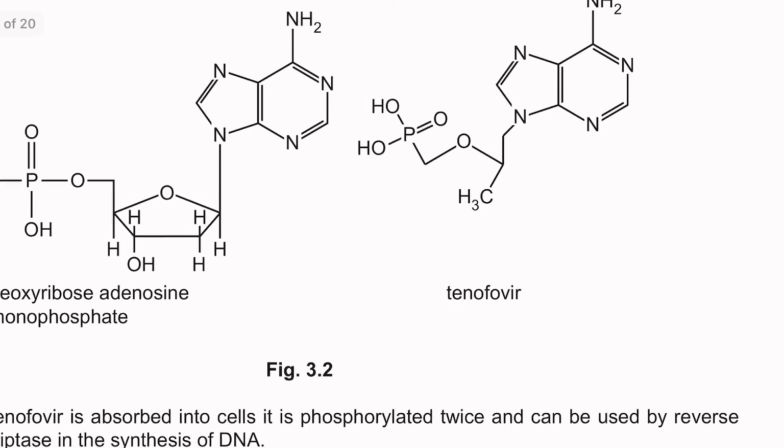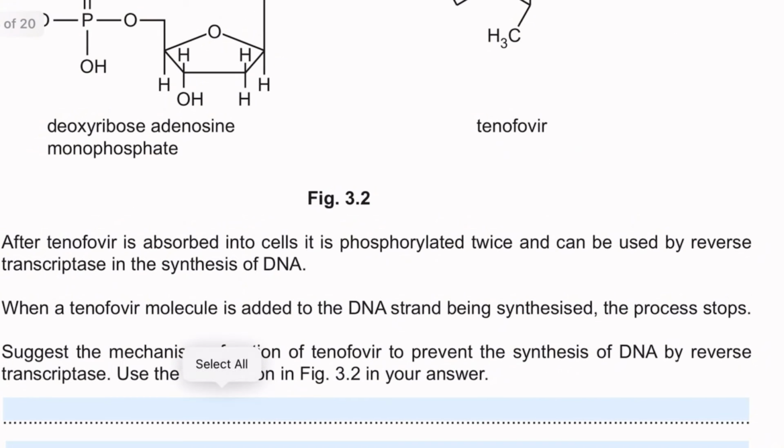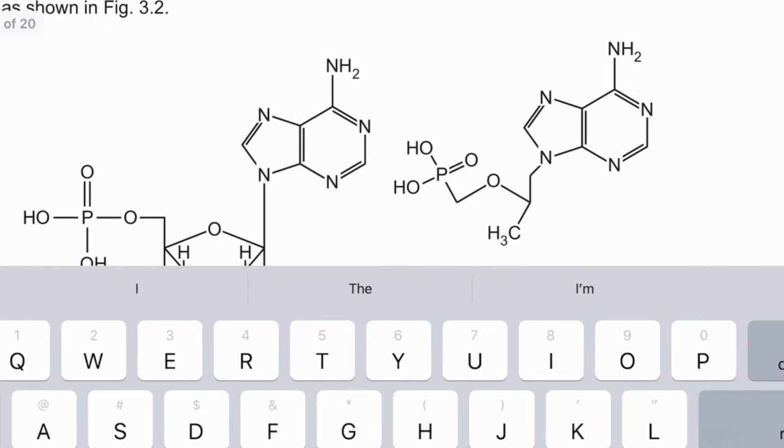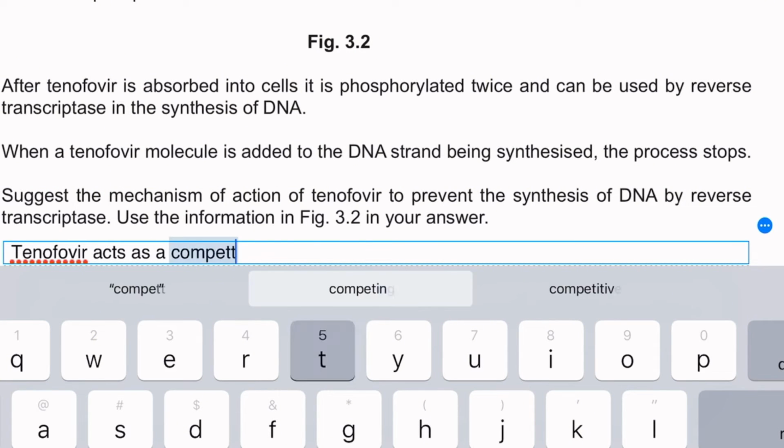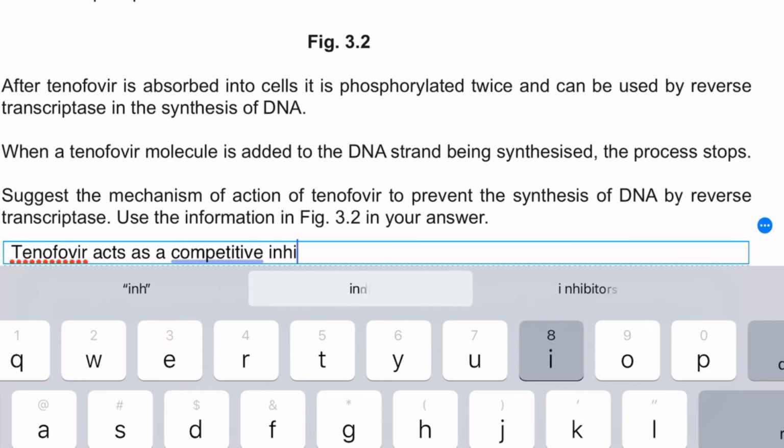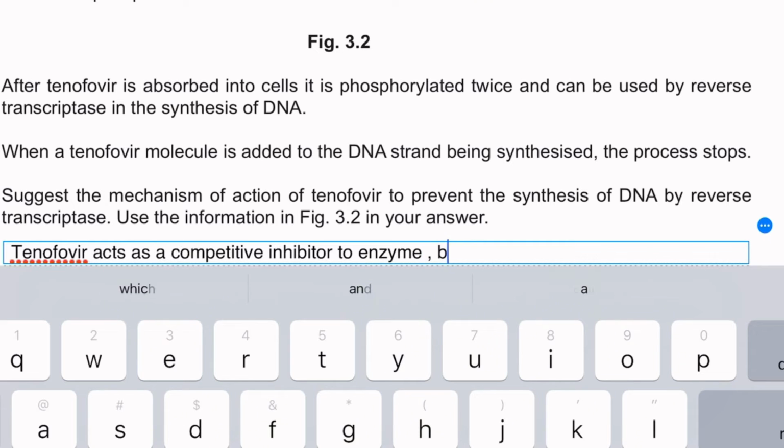So let's go ahead and write down this information. Tenofovir acts as a competitive inhibitor to the enzyme, for some portion of time, because it has a similar structure to, and then you can write down the name.